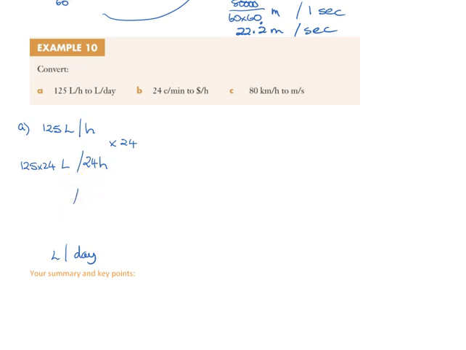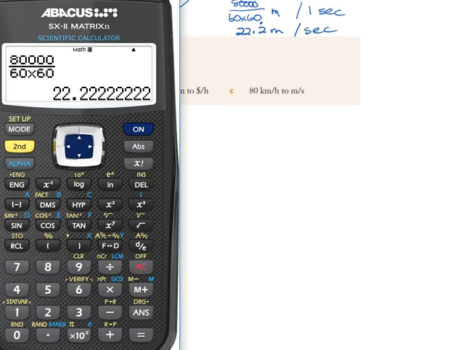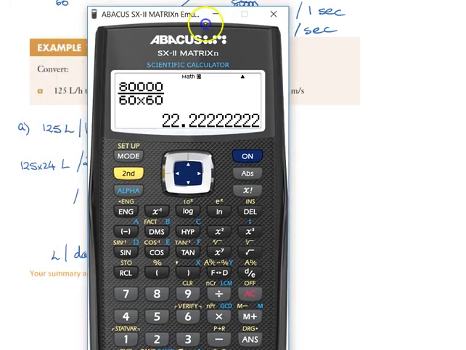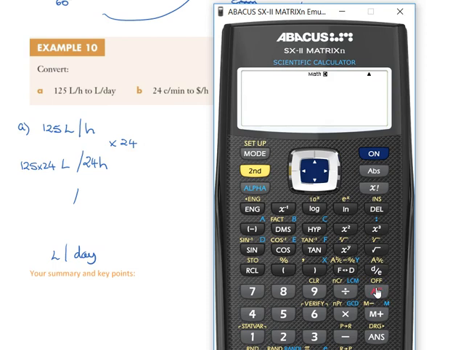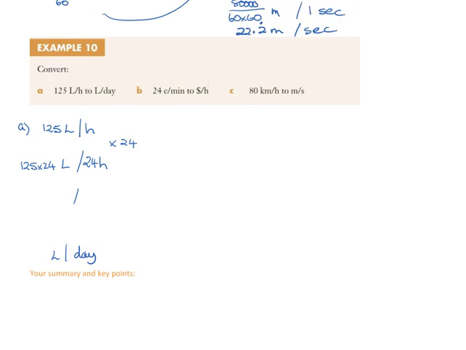Let's go to the calculator. We simply want 125 multiplied by 24, which is 3,000. In 24 hours, which we could write as 3,000 litres per day.